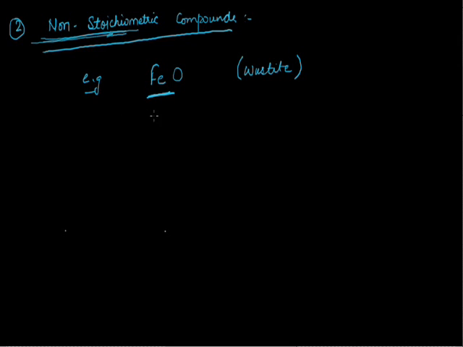The iron is present in 1 minus x ratio according to oxygen, whose range is from 0.83 to 0.95. As these values vary, it means law of definite proportion doesn't apply to non-stoichiometric compounds.